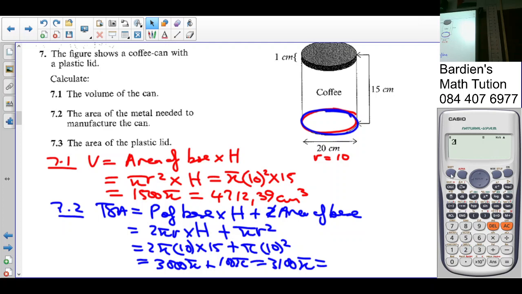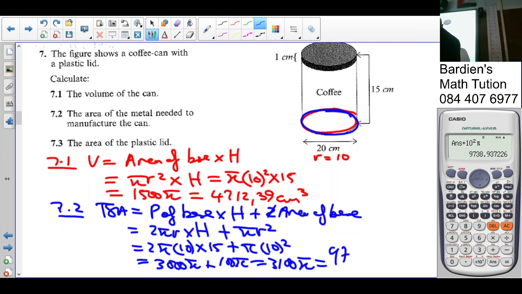So it's 2 pi, just first check, remember, right? 2 pi times 10 times 15 gives you 3000 pi plus what? And 10 squared pi. So that gives you 3100 pi, which is 9,738.94 centimeters squared.